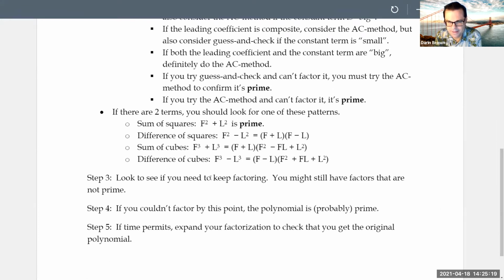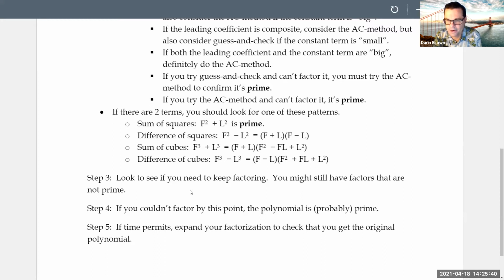Now, after you've done that main step, you should do a step where you see if you need to still factor. So remember that we're talking about the example of 45 factors as 9 times 5. You wouldn't want to say that, when we want to factor completely. That means factoring into what we call primes, just like prime numbers.